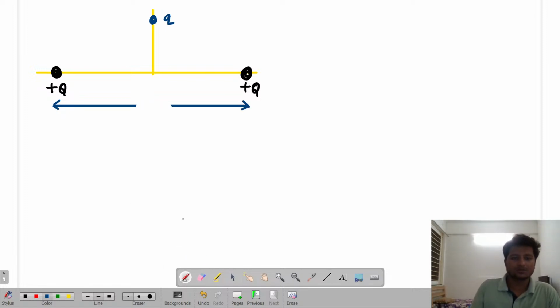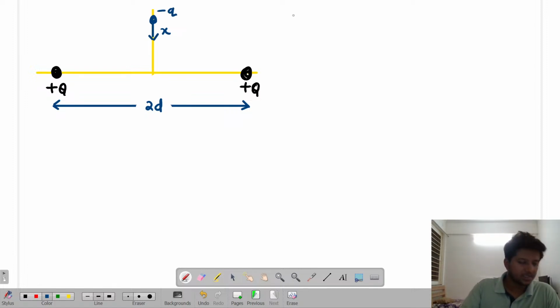Then the question is simple. If I displace this particle by a very small displacement x, and this charge is, let me just see, I think this charge will be negative charge. Then only it will do SHM. So I do the displacement x very small, and this charge is minus q.